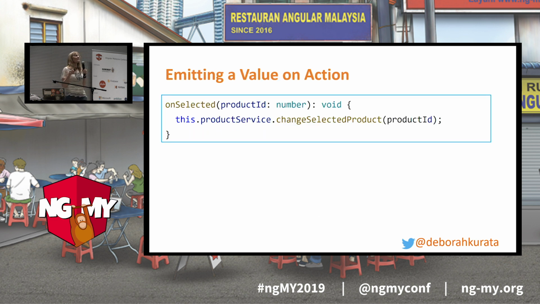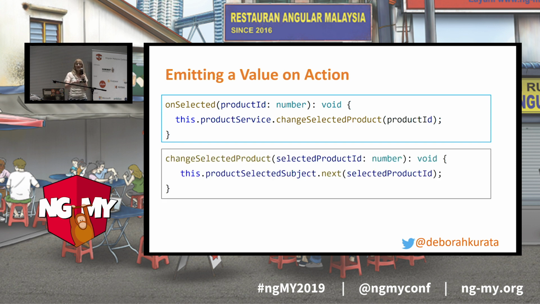Well, in our template, tied to that element, we're going to have an onSelected method. So it's going to do event binding into onSelected. Our onSelected method is going to call a method in our service, and our service is going to use the subject, call the next method, to add the ID of the selected one into the stream.